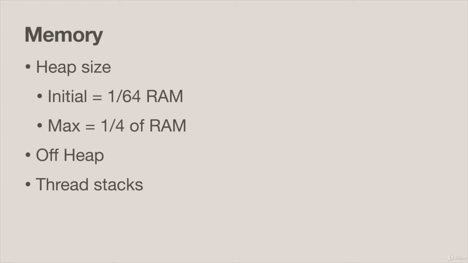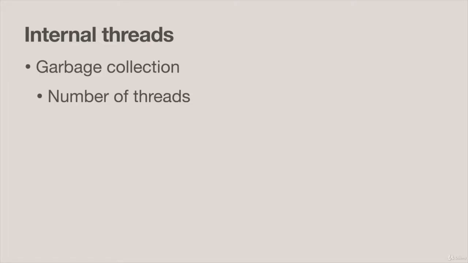The next ergonomic feature is for the internal thread pools of the JVM. Java has a whole host of parallel and concurrent garbage collectors. When we say parallel, it means they can run next to your application, at the same time. Even though a lot of garbage collectors in Java do stop your application, they do a huge amount of work in parallel.